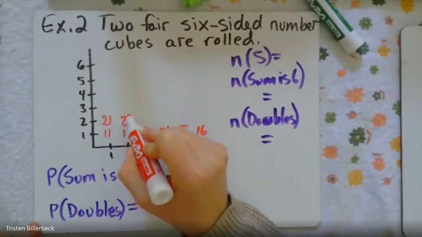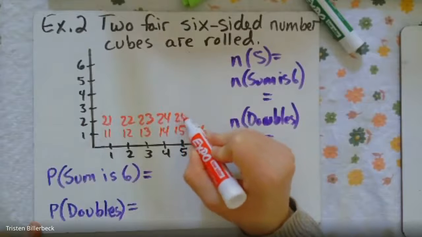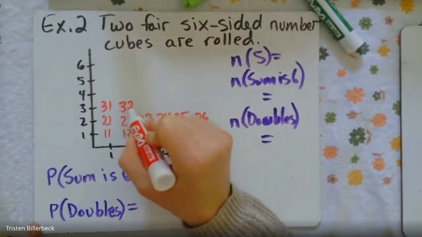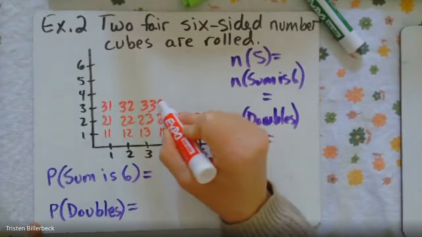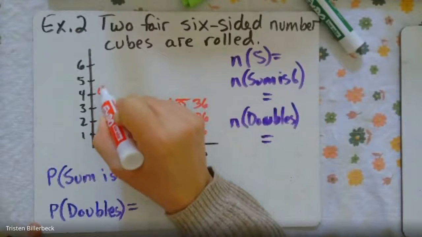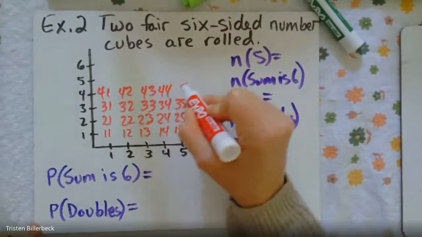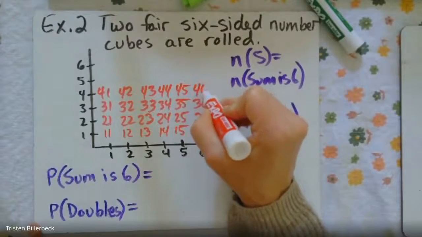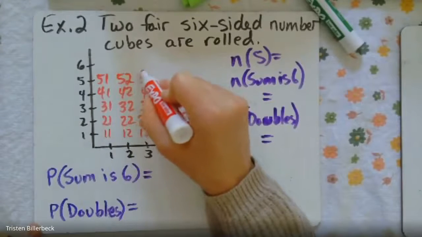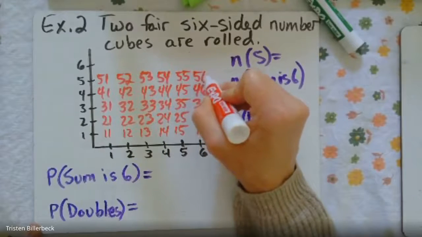And then 2,1; 2,2; 2,3; 2,4; 2,5; 2,6. Then 3,1; 3,2; 3,3; 3,4; 3,5; 3,6. 4,1; 4,2; 4,3; 4,4; 4,5; 4,6. 5,1; 5,2; 5,3; 5,4; 5,5; 5,6.